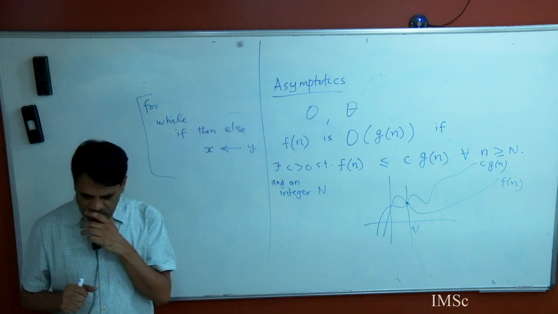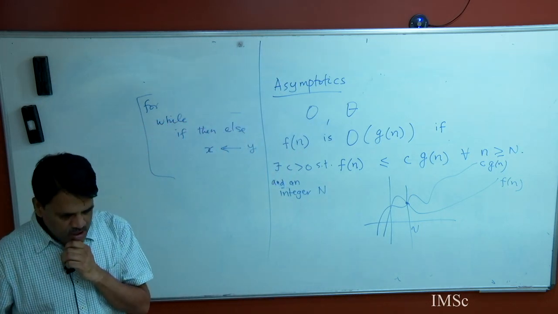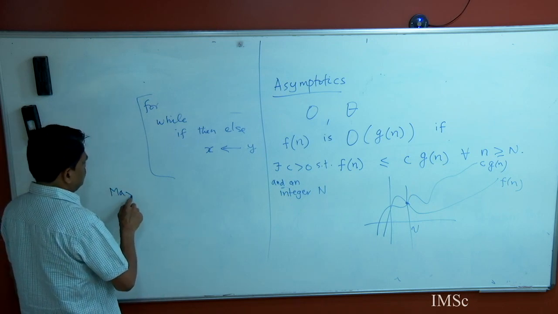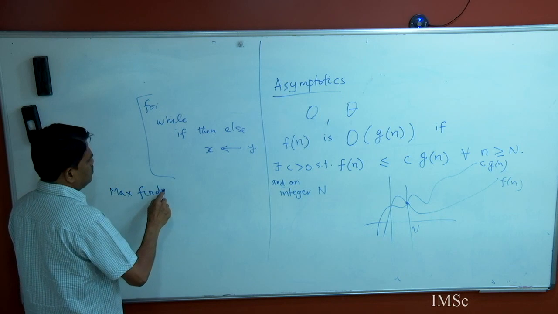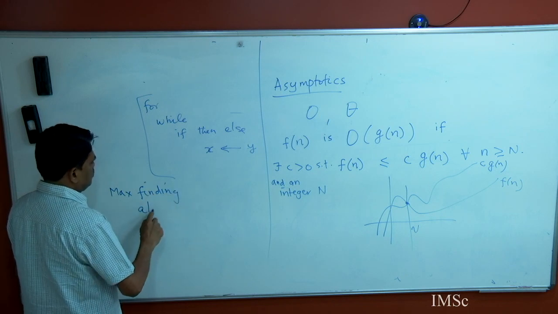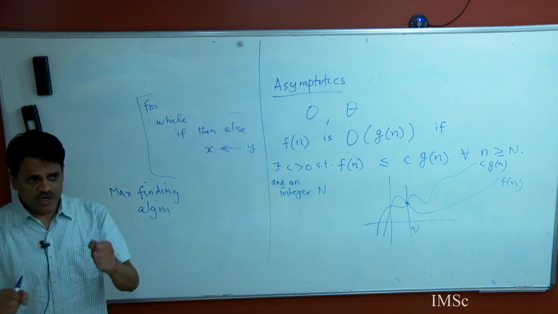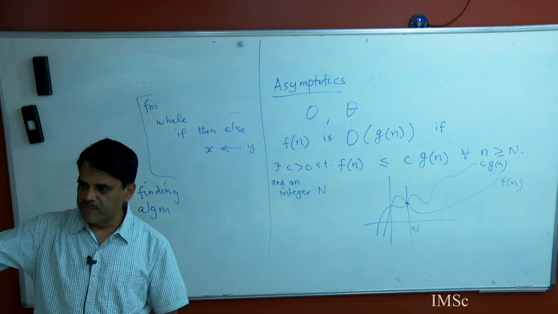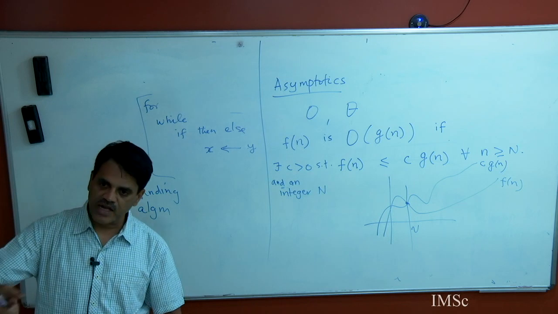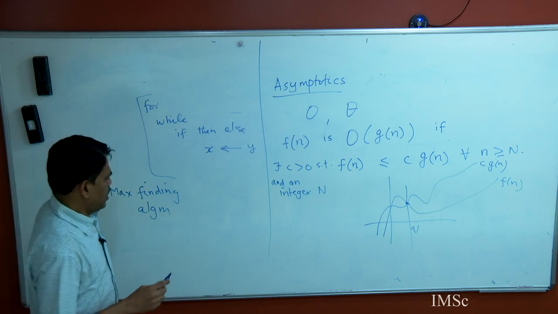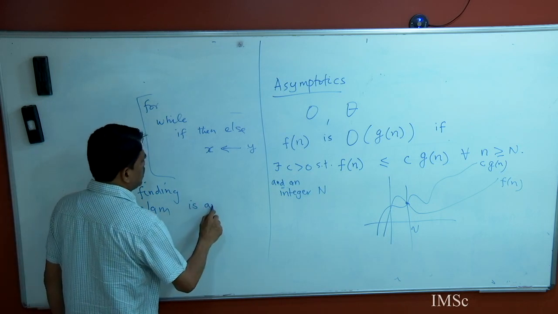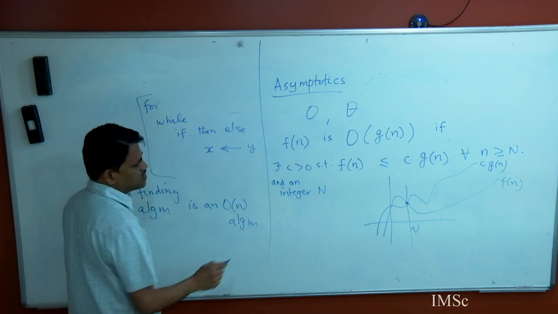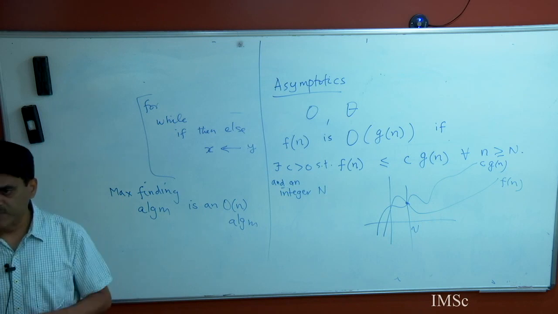Okay, so now, in that sense, the max finding algorithm we saw, in which I store the first element as a max and then have a for loop which compares every new element with this, and if it's larger, swap it, it's an order n algorithm because the total time taken is at most some constant times n.